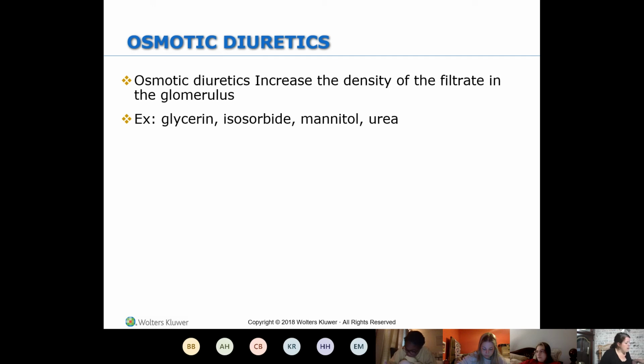So I want to read a little bit about osmotic diuretics for you. Okay. Osmotic and carbonic anhydrase inhibitors are used for treatment of cerebral edema and seizures, intraocular pressure, and altitude sickness.